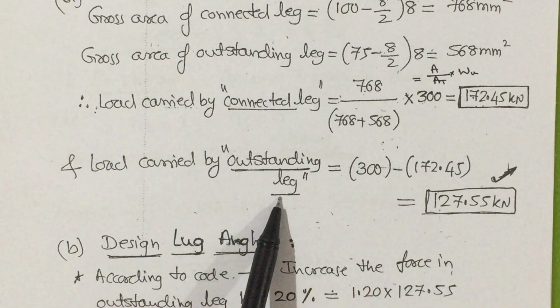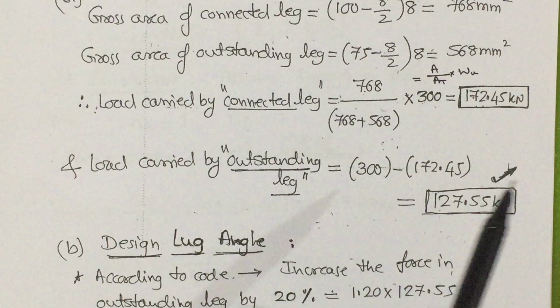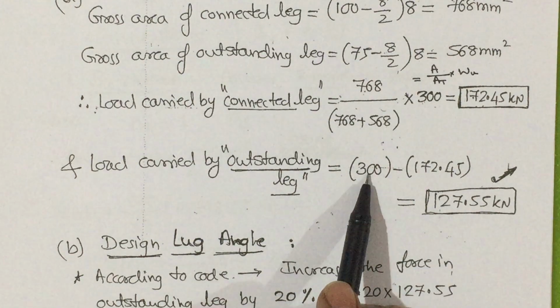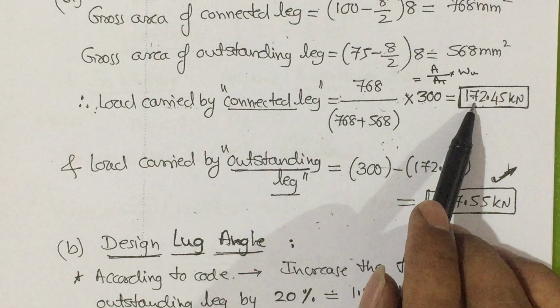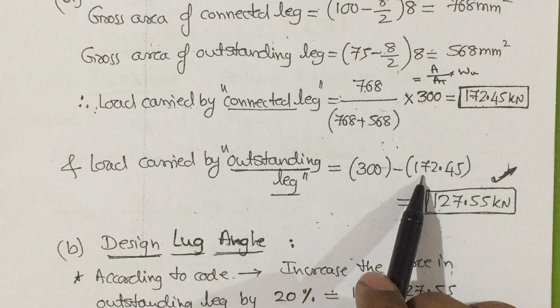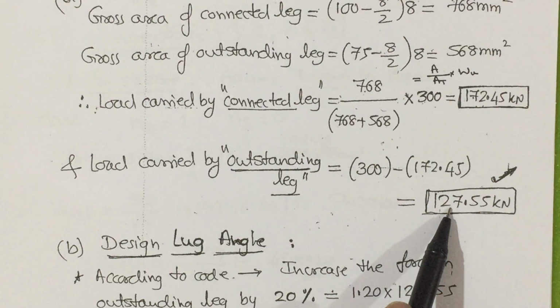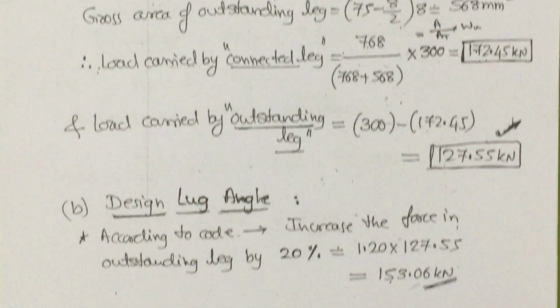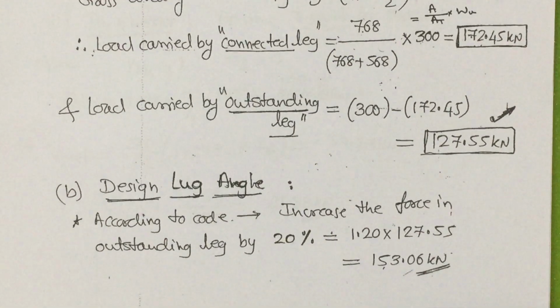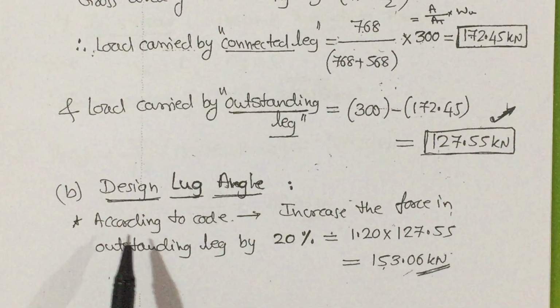Then load carried by outstanding leg is given by the total factored load, 300, minus out of that the connected leg carrying 172.45. Deduct that one, and the remaining load will be the load carried by the outstanding leg. Then second step is design of lug angle.